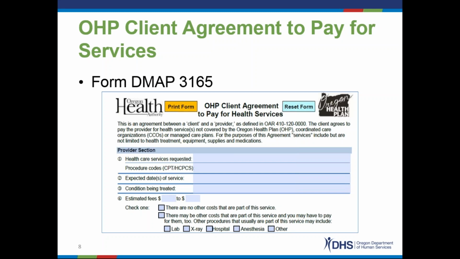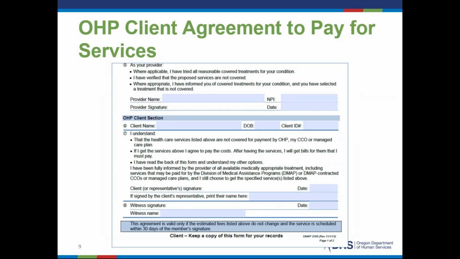You would then indicate if there are no other costs that are part of the service, or let the patient know that there may be other costs that are a part of the service and they may have to pay for them too, such as labs, x-rays, anesthesia, hospital services, etc. Then we want to provide the provider's name, their NPI, as well as their signature and date.